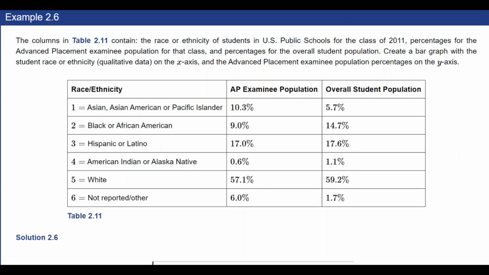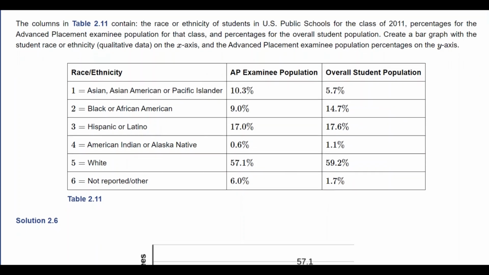So we see that Asian American or Pacific Islander people have 10.3% examinees and 5.7% students in that particular organization. Similarly, 9% of the same organization are Black or African American, and 14.7% of students are Black or African American. So you can note all the other ethnic origin people who are either examinees or students.